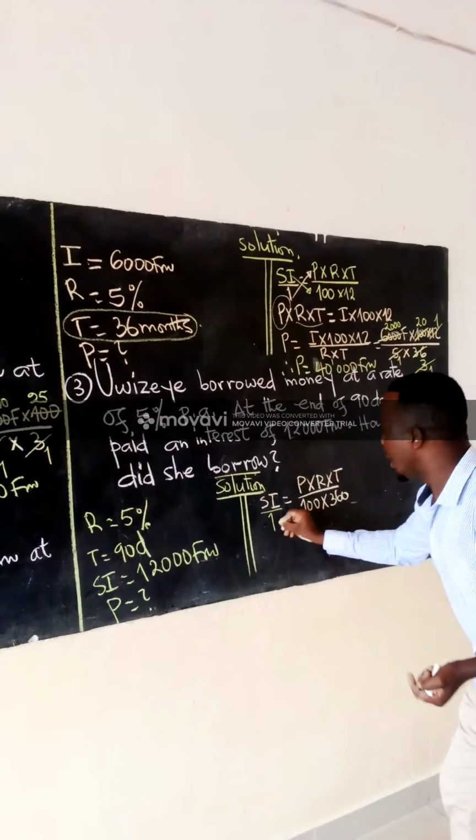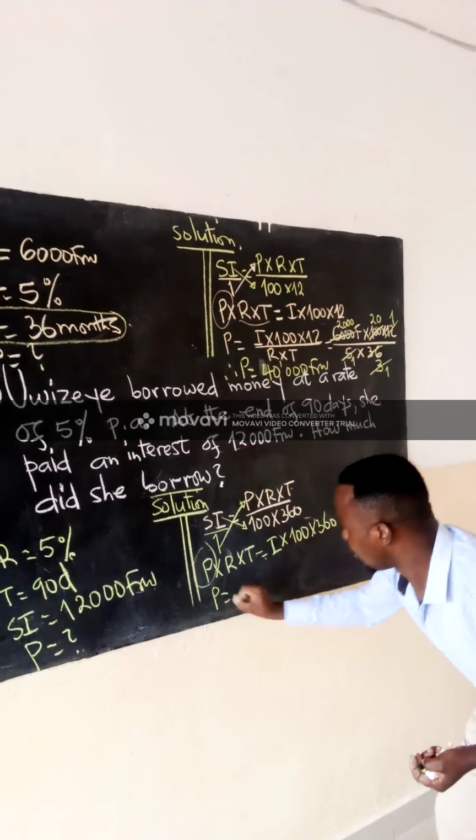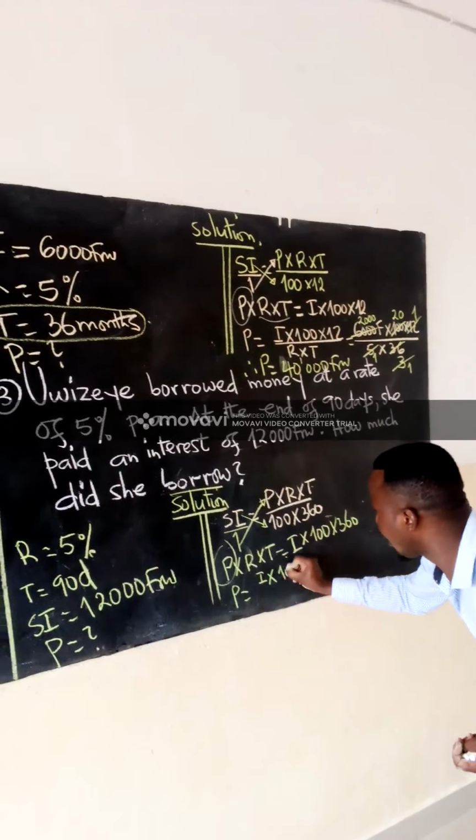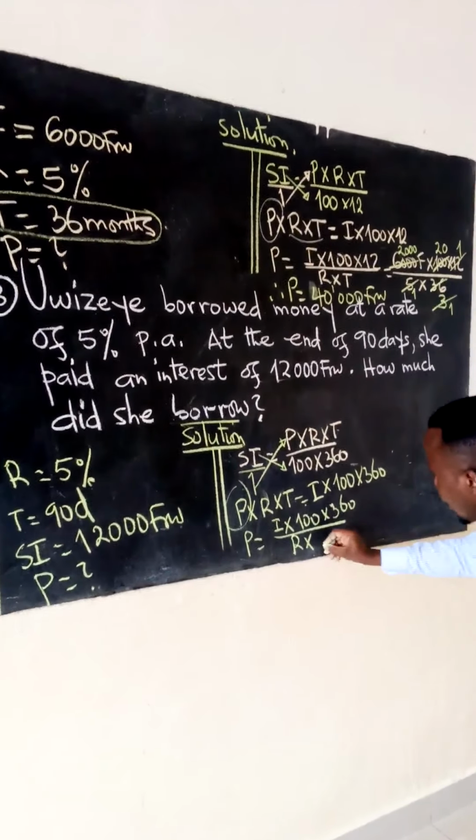1 times what is here on the top doesn't change. To have principal times rate times time, I cross the border here, equals interest times 100 times 360. We pick this one again. Principal itself will be equal to the interest times 100 times 360 over rate times what?